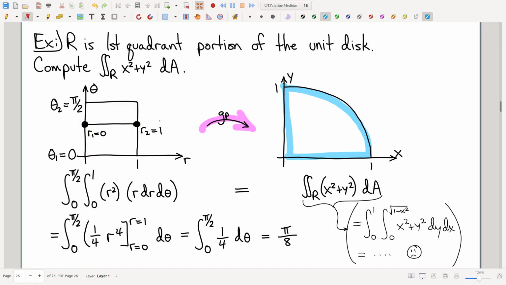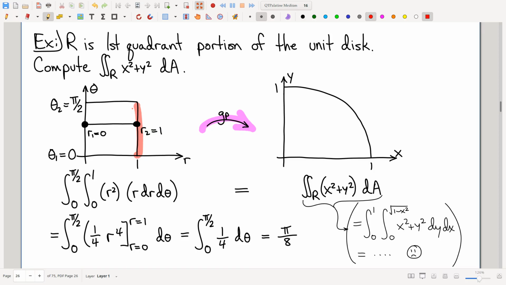Well, let's look at it one edge at a time. Let's think about that edge right there. What can I say about this edge? This edge, r equals 1. And then we start where theta is 0. We end when theta is pi over 2.